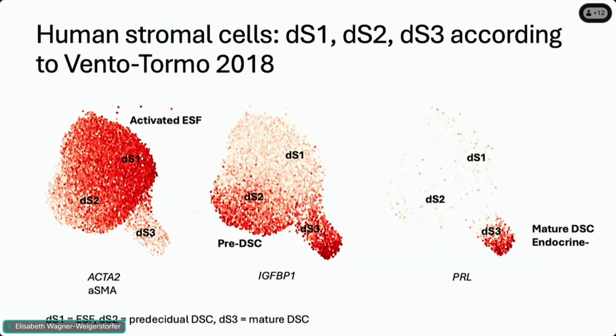Interferon gamma has to do with my work on pig endometrium, sorry for that. And that is shared between this population, and then the cells down here are what we call mature decidual cells because they express, for instance, prolactin. So these would be in humans the endocrine cells, the pre-decidual cells, and these would be activated fibroblast cells.